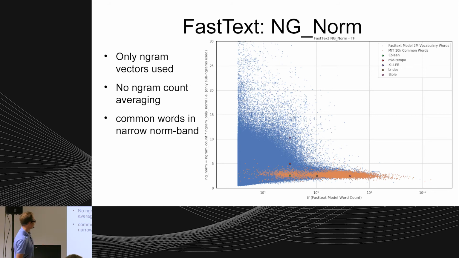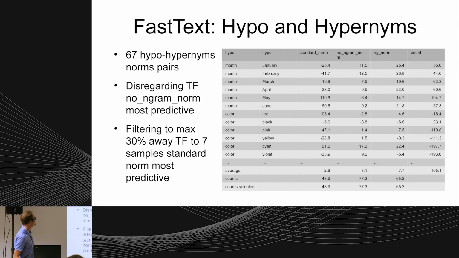And when I do this, I see this very narrow band of the common words. You can see there's this horizontal yellow line, basically, where all the common words have their vector norm almost the same. And I use this later in an experiment.